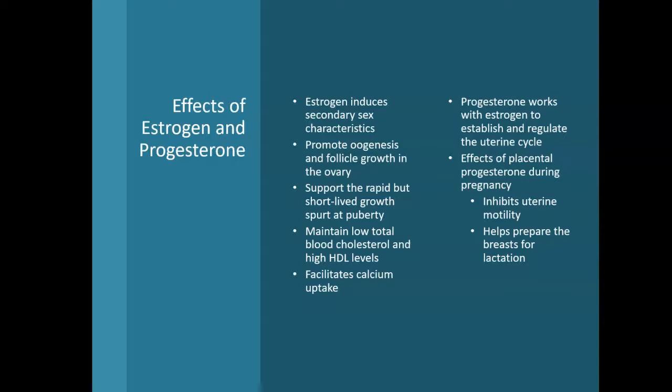So there are a lot of jobs that estrogen does that are not just specific to the ovary. Progesterone is the other main hormone. It works with estrogen to establish and regulate the uterine cycle. And the effects of placental progesterone during pregnancy will inhibit uterine motility and help prepare the breast for lactation.